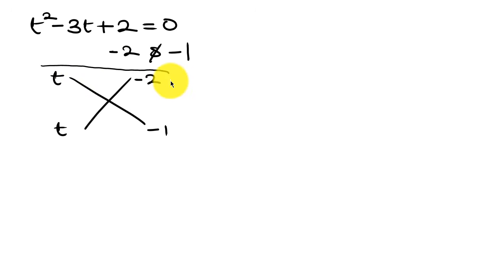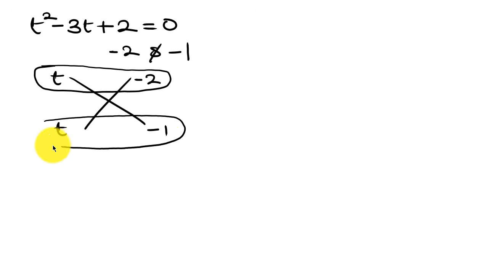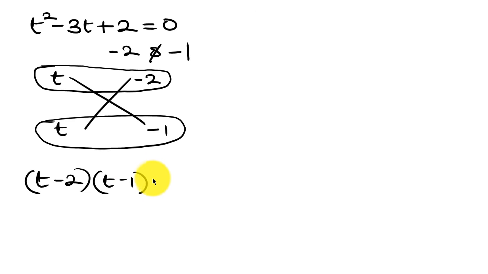Now I'll group this together, and I'll also group this together. So this is like writing t minus 2, and then times t minus 1. Very good. And this is equal to 0.